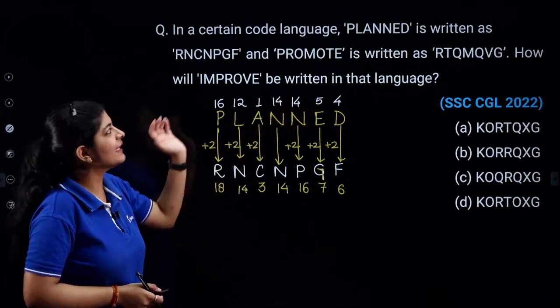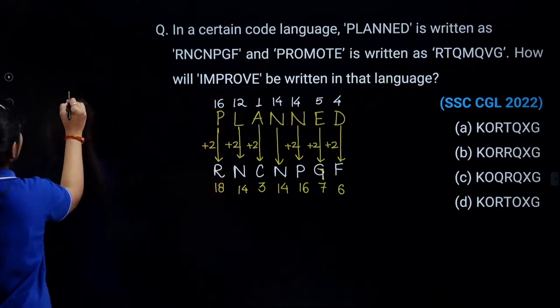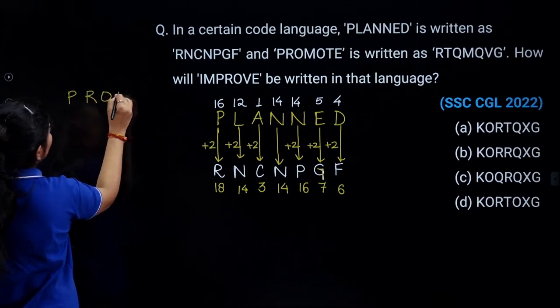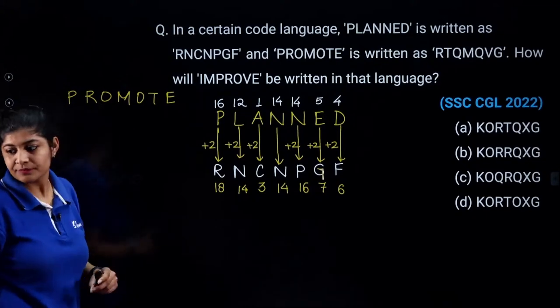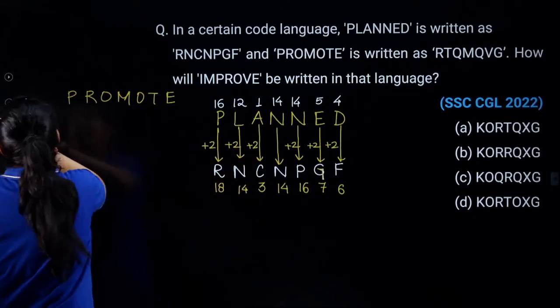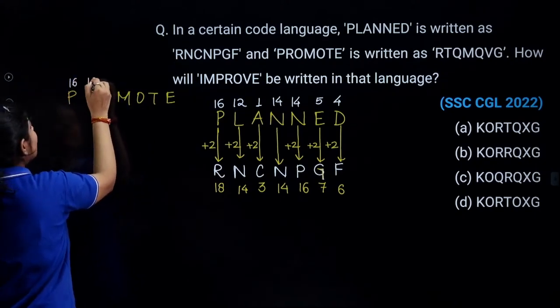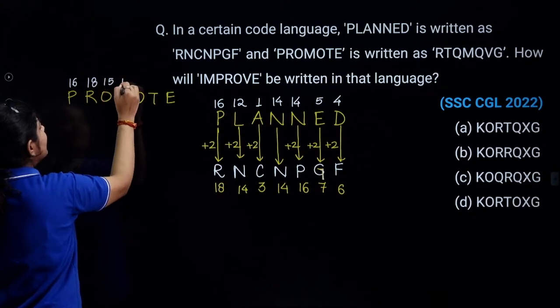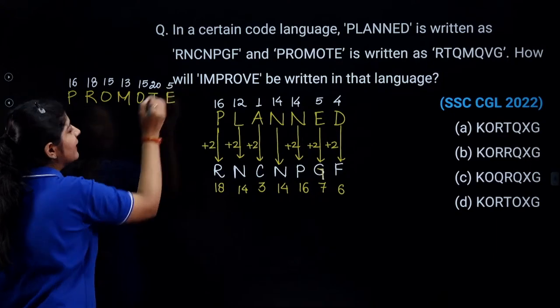So are we getting the same pattern with promote? Let's simply check this one. So now let's start writing the associated numbers: 16, 18, 15, 13, 15, 20 and 5, right?